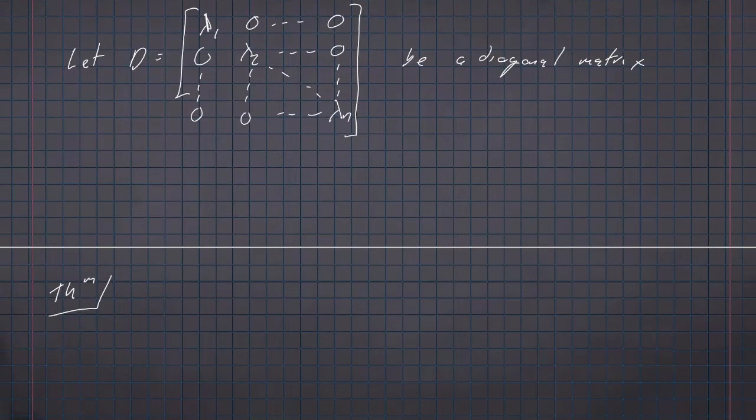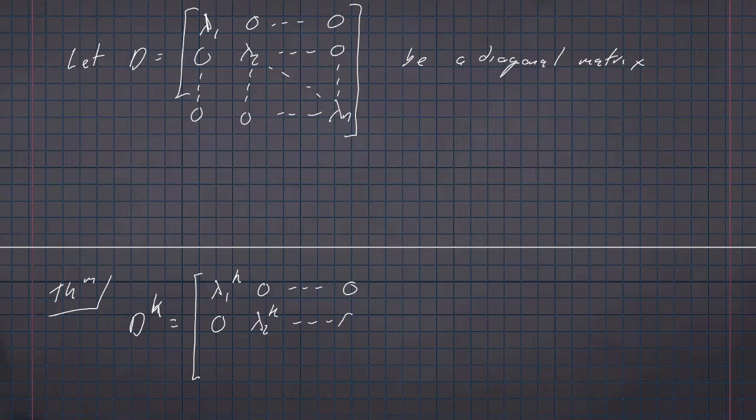But I have a nice theorem about diagonal matrices, which says that diagonal matrix D raised to the k power, not n power, I already used n to mean something else, literally takes each of the entries on that main diagonal and raises them to that power.